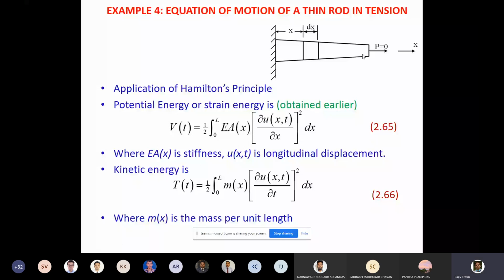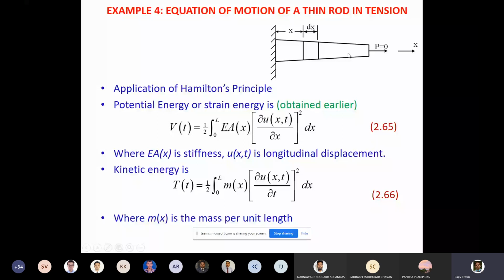In subsequent chapters we'll see that even the bending beam vibration we'll analyze, but that will be quite complex. To understand the Hamilton principle, this is the simplest example for a continuous system in which we'll derive the equation of motion. As I mentioned previously, for a continuous system the equation of motion becomes a partial differential equation. We'll see how we can get it from the Hamilton principle.